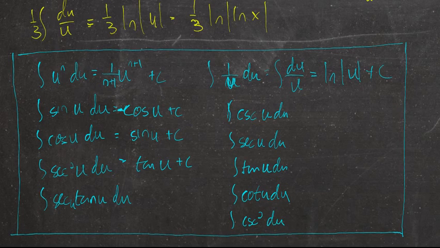Okay, a little bit obscure. That's the antiderivative of the negative cotangent. And then the integral of cosecant u cotangent u du. Well, that's just negative cosecant u.